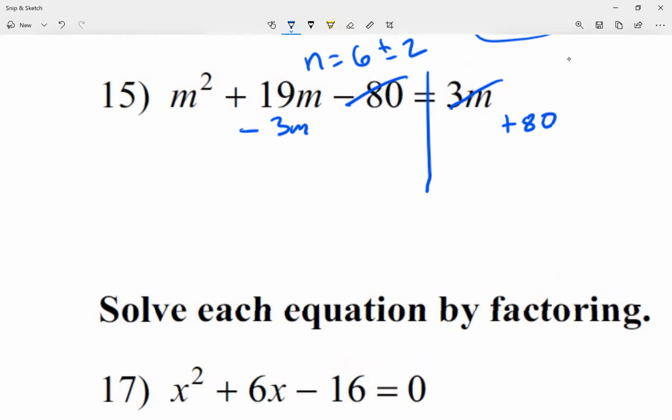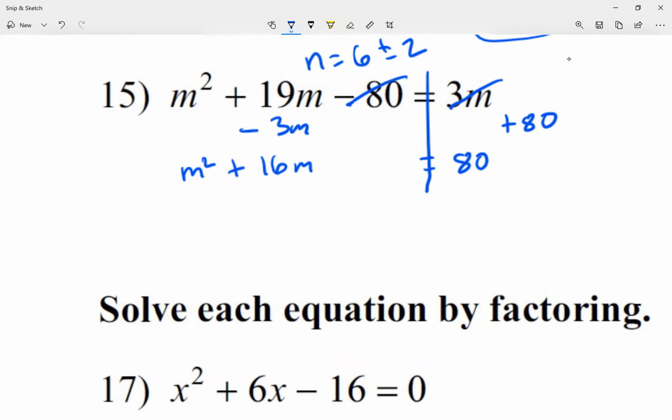All right, everything that has the letter on the left side, everything that doesn't on the right side. So that gives me m squared plus 16m, let me leave a space, is equal to 80. Notice I move my letters to the left, non-letters to the right, combined like terms. Notice how I got 16m from 19 minus 3.